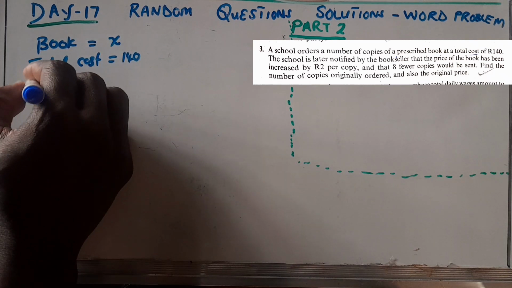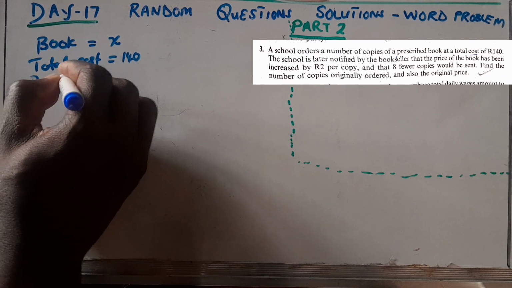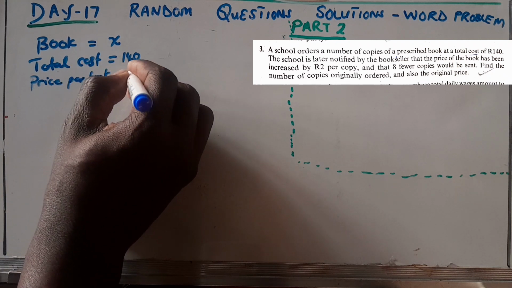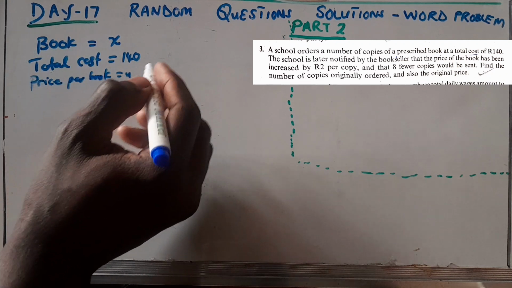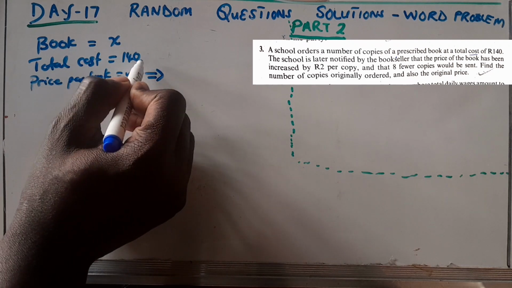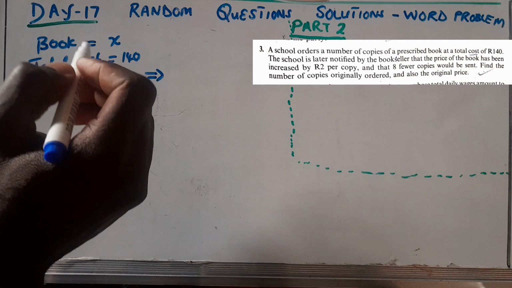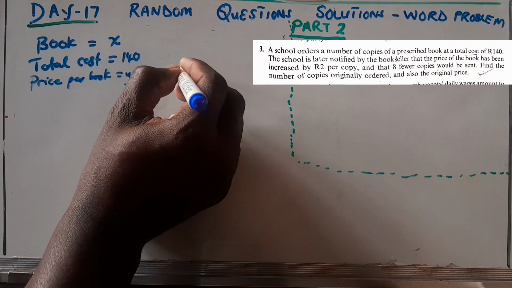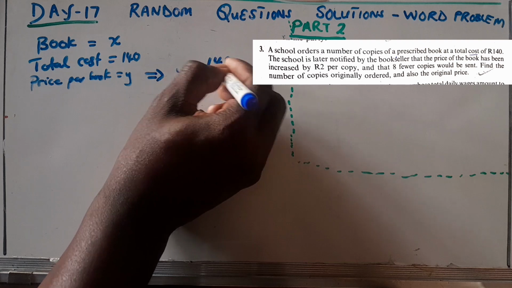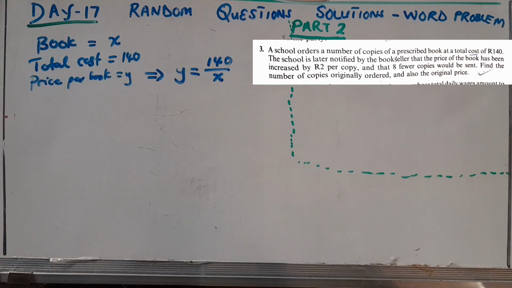So maybe let's just write the price per book as Y. So if the price per book is Y, and the total cost was 140 and they ordered X number of books, it means that our Y becomes 140 divided by X, like that.